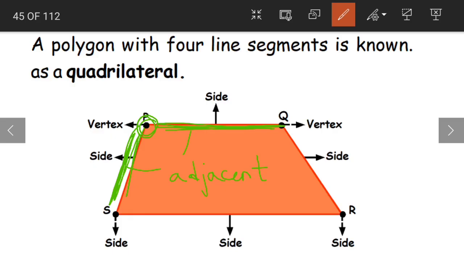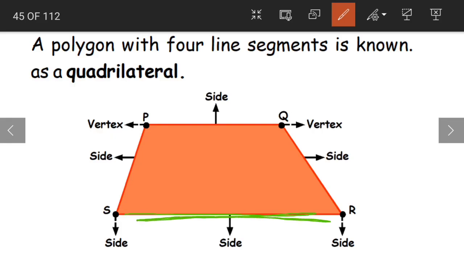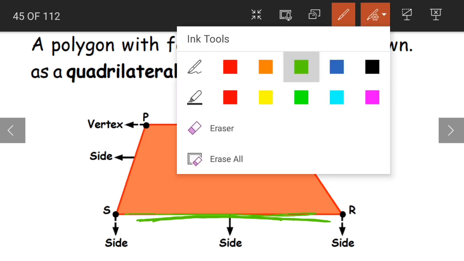What is the meaning of adjacent? Adjacent is nothing but side by side. These two sides are side to each other, either to the left or right. When we have a side, children, say side RS, what will be the adjacent sides?